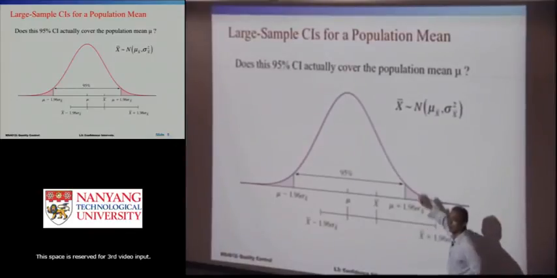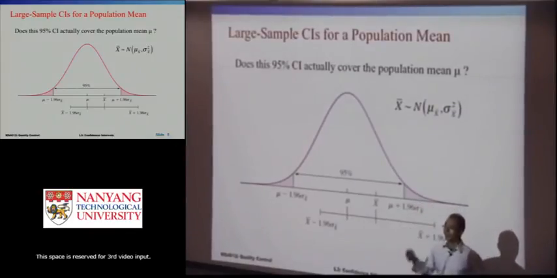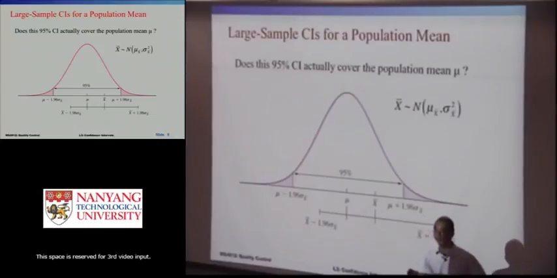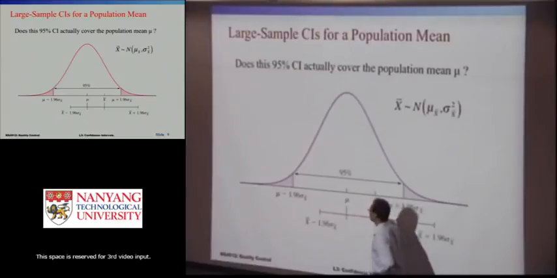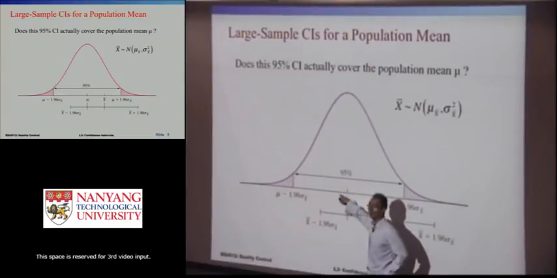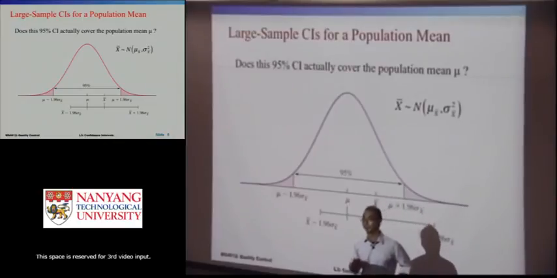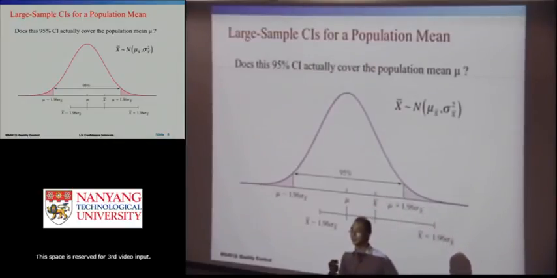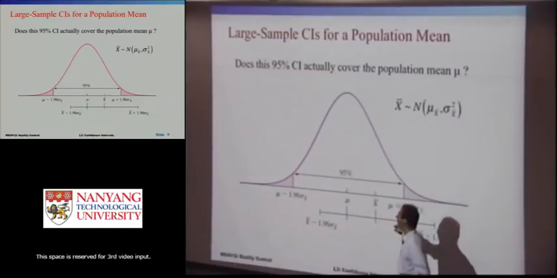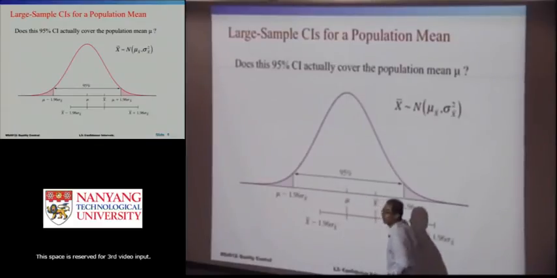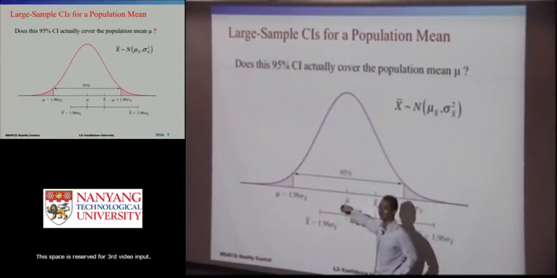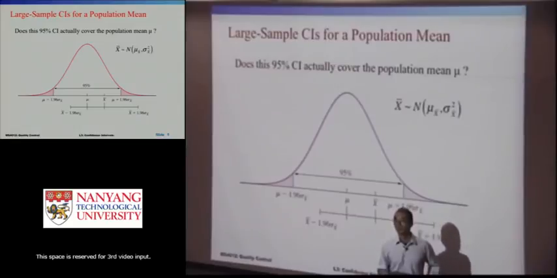The conclusion from this is, if we follow the procedure in the previous slide, our confidence interval either covers the true population mean or misses the true population mean. Only two cases, right? When our sample mean falls into this middle region, our procedure will cover the population mean. Do you agree?